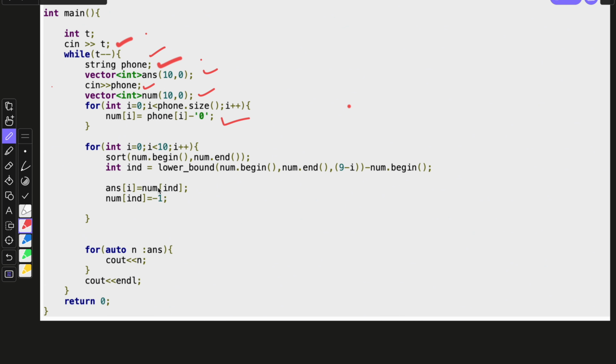Now we have a loop which runs from 0 to 10. We have to sort the array num in order to use the lower bound STL function. The lower bound gives a pointer to the position in the array, and when we subtract the begin iterator from it, we get the index.